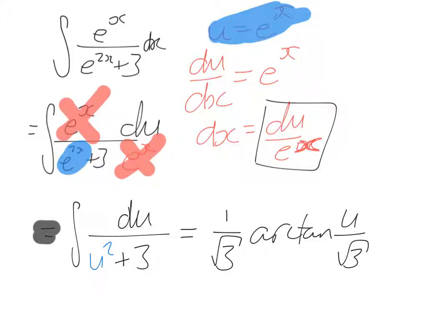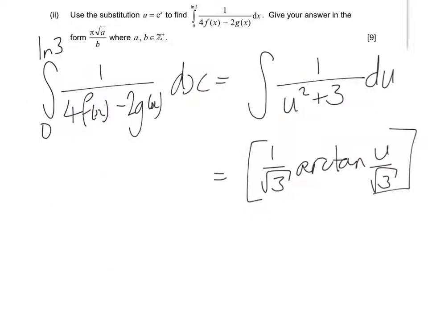Now, I'm going to put a little pin in that because we've done all these integrals and we haven't thought about limits, so let's go back to the start and have a look at the limits. We started out with the limits in terms of x as 0 and log 3. And we were told to use the substitution u equals e to the x. When you do that substitution, the limits also change.